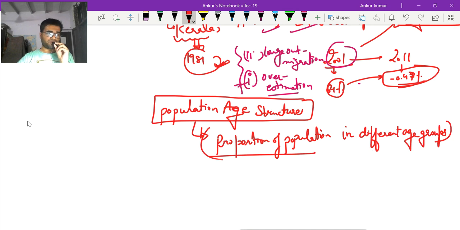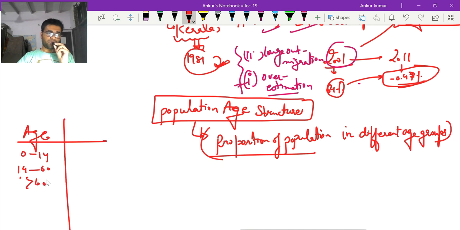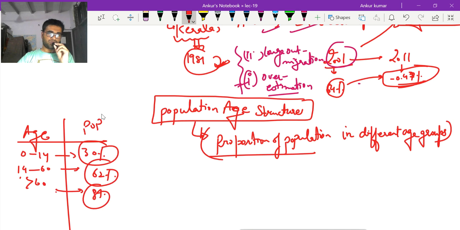For example, in case of India, let us divide the age brackets into 0 to 14, 14 to 60, and more than 60. The population in 0 to 14 is 30% of the Indian population. From 14 to 60, it is 62%. More than 60, it is close to 8%. So this is what the population age structure studies, that is, how much proportion of population is concentrated in which age bracket.